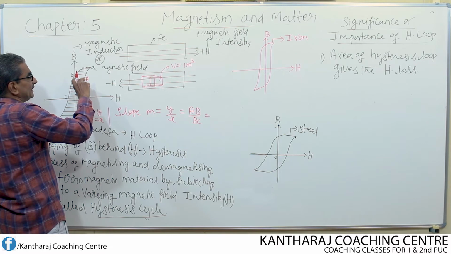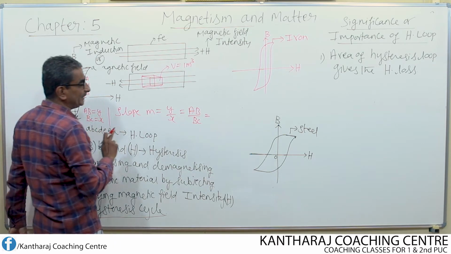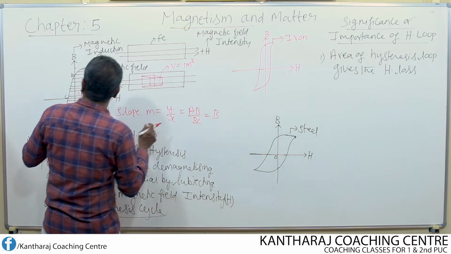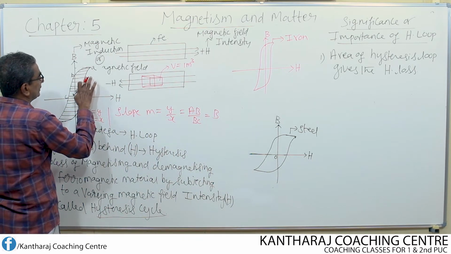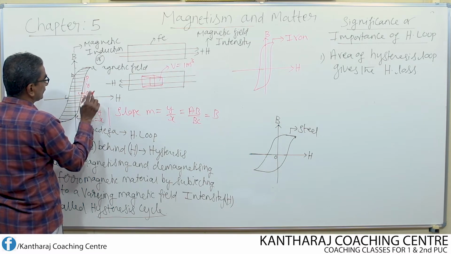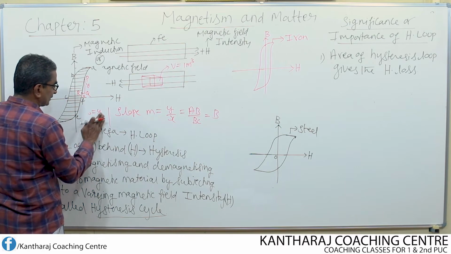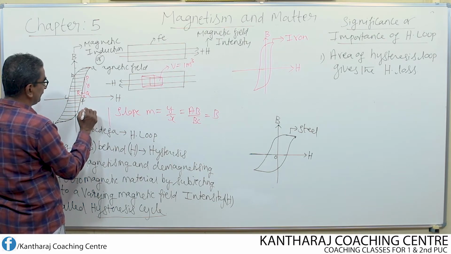Find out the length AB. We took that as capital B, but already we have used B here. So let us call these points P, Q, and this point R. We shall change this so that there is no confusion.